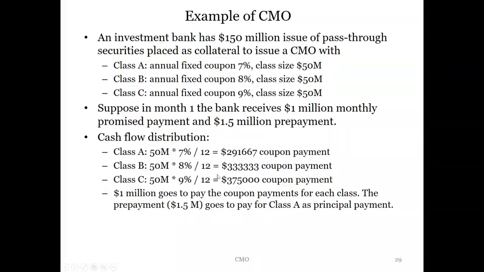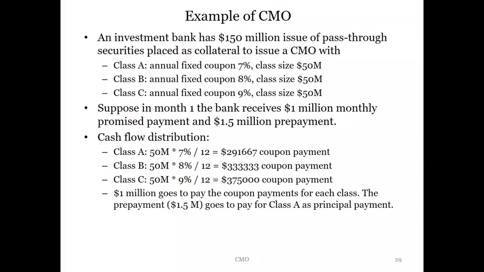And how do we deal with the 1.5 million prepayments? All of these payments will go to pay down principal of class A. So which means now the principal outstanding of class A will become 50 minus 1.5, so 48.5.